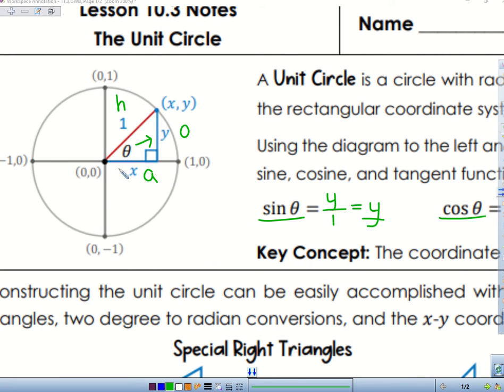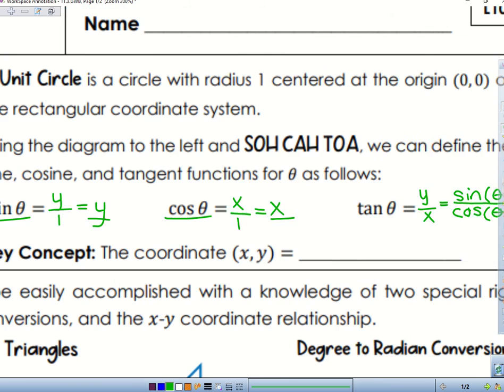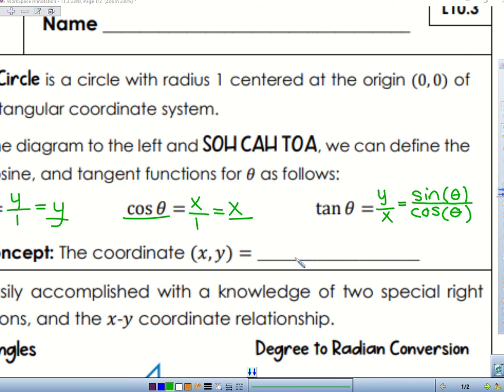Because if you think about it, cosine is your x direction, sine is your y direction, and opposite over adjacent is going to end up giving you the slant. All right. So in the coordinate plane, anytime you have a coordinate x, y, okay, if you plot that coordinate and you want to find the angle that would give you that coordinate if you were to draw a line to it, if you were to do cosine of that angle, okay, and then sine of that angle, it would give you whatever that point is.